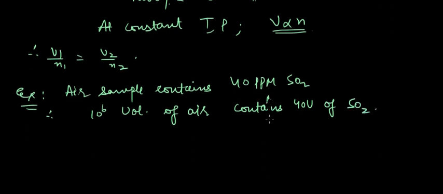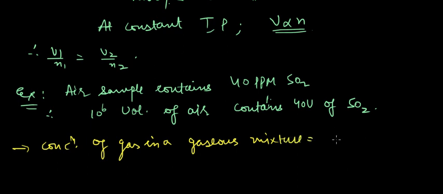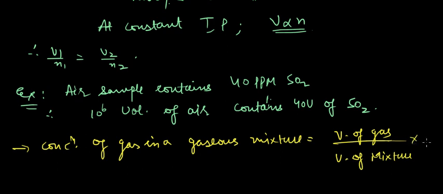Okay, so we can say that concentration of gas in a gaseous mixture would be equal to volume of gas upon volume of mixture into 10 raised to the power 6 in ppm.